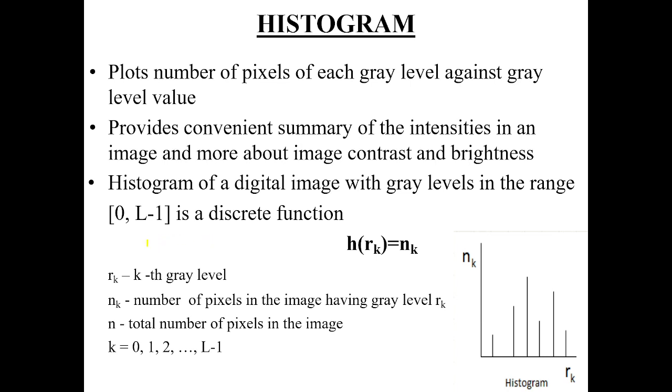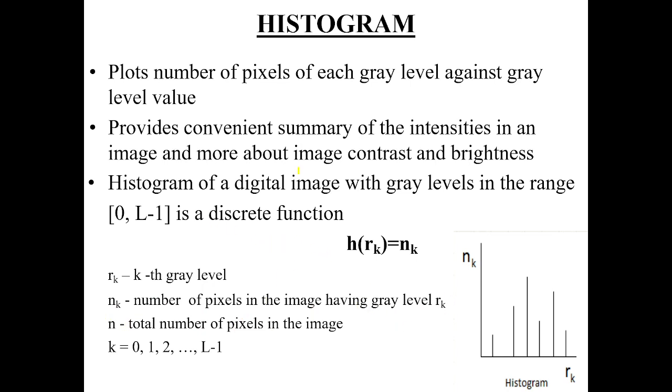So this is how the gray levels are calculated using the histogram function. Using that histogram function, these graphs are plotted. n is the total number of pixels in an image, and nk is the number of pixels having the gray level of rk.